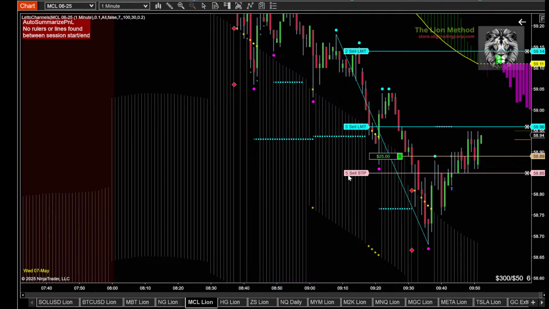There we go. 2 ticks, 2 ticks, 1 tick. Come on. I don't know. Maybe it's a bridge too far.